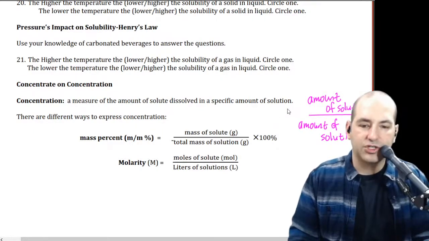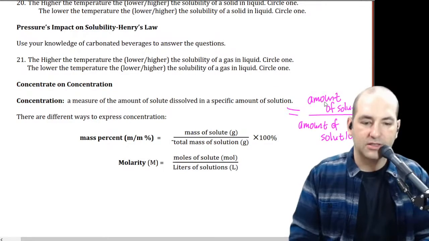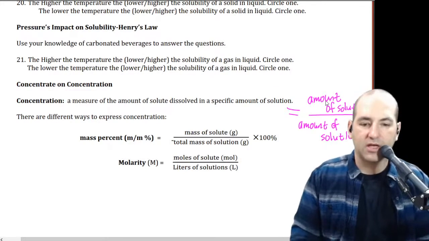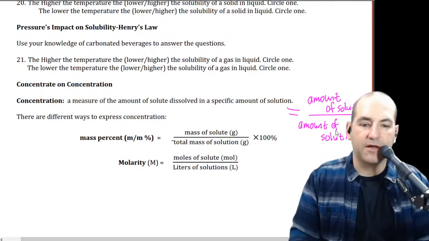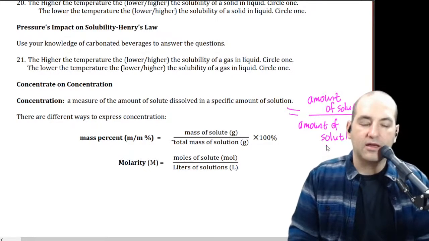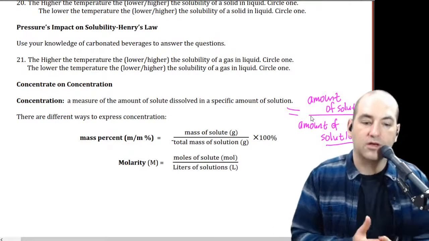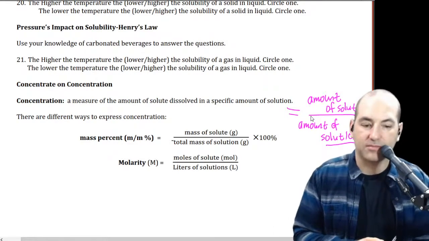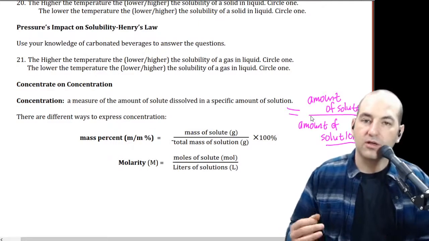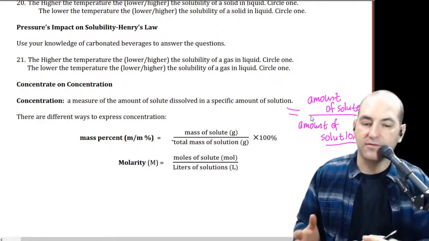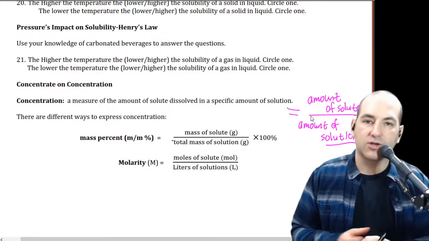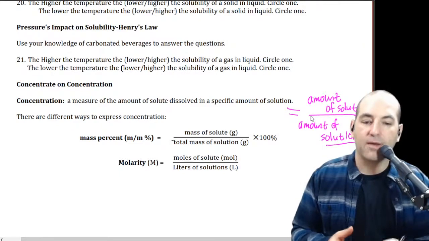So that's the general way to express concentration. And the thing that is sometimes tricky, or that people sometimes forget, is the denominator is the amount of the solution, the total amount of the solution, not just the amount of solvent. So in solubility, we looked per 100 grams of solvent. But when we measure concentration, we're generally measuring per amount of total solution.